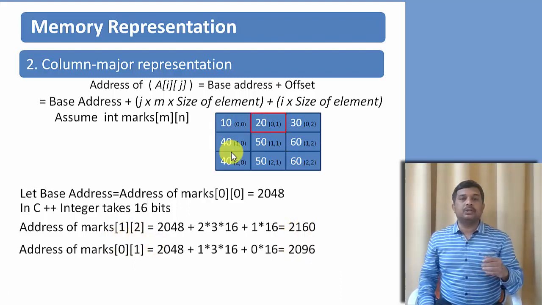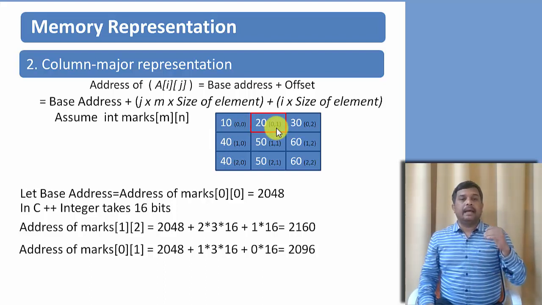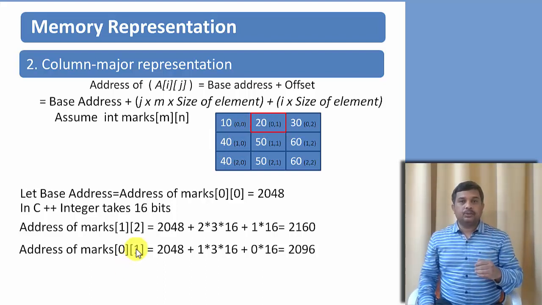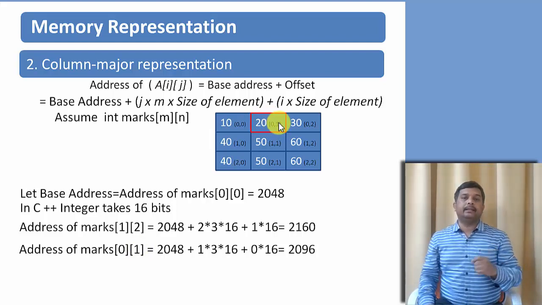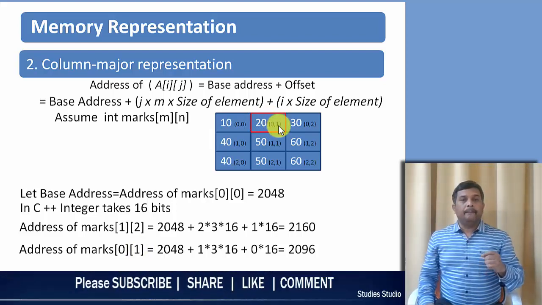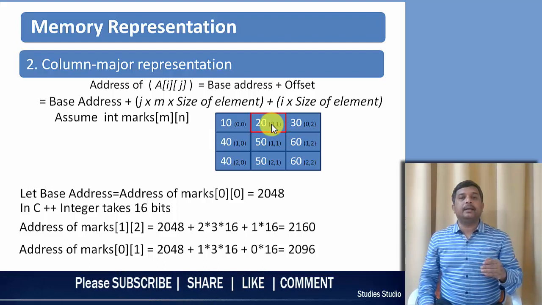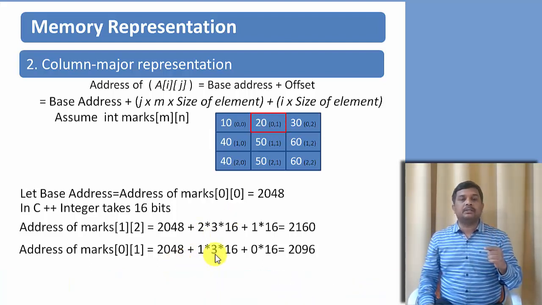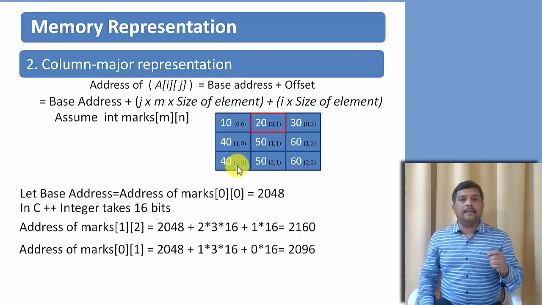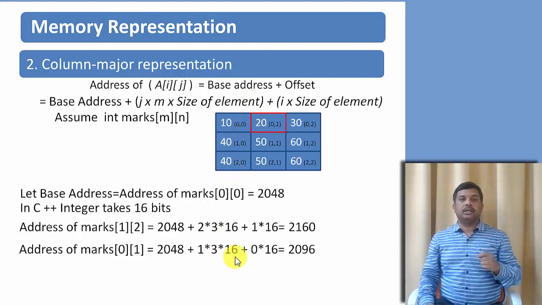Similarly, for location 0, 1, the address will be, first we'll take the column and then we'll take the row. So before this element, how many columns are there? Only one column is there and this column contains 3 elements and each element is having 16 bits. So 1 into 3 into 16.